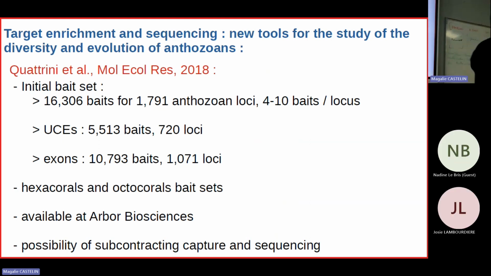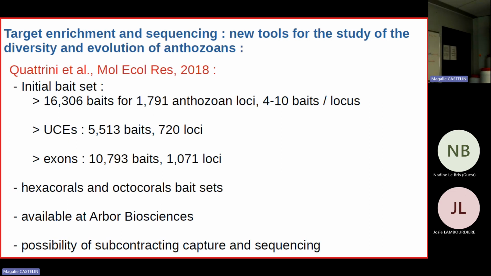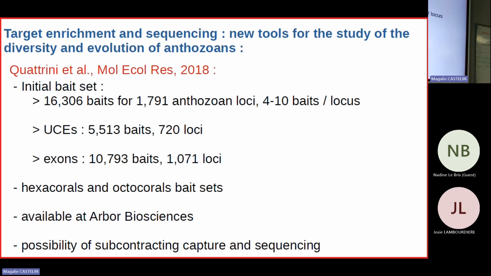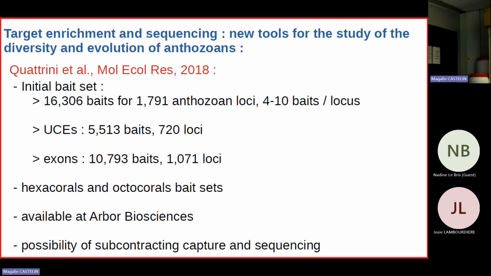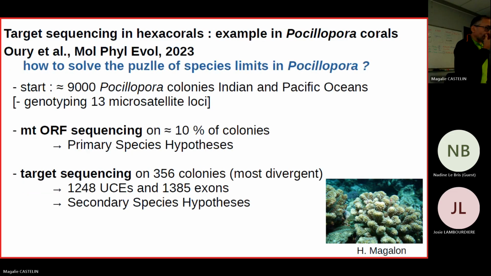That means that if you want to work specifically on hexacorals, you have one bait set, or octocorals another one. And they are all available at one company, which is Arbor Biosciences. I don't have any financial interest in Arbor Biosciences, but just to mention that. And the interest also is that there is the possibility to subcontract the analysis, preparation of libraries, and sequencing.